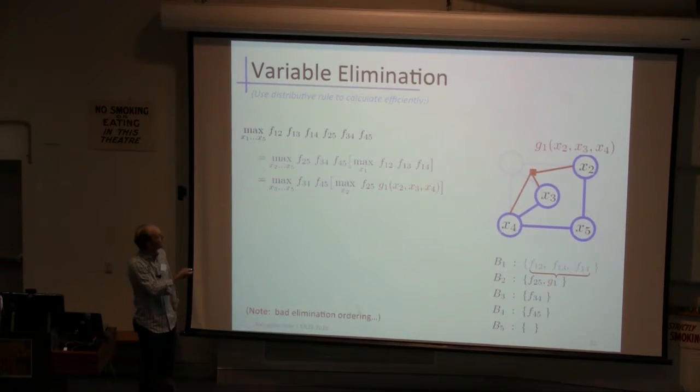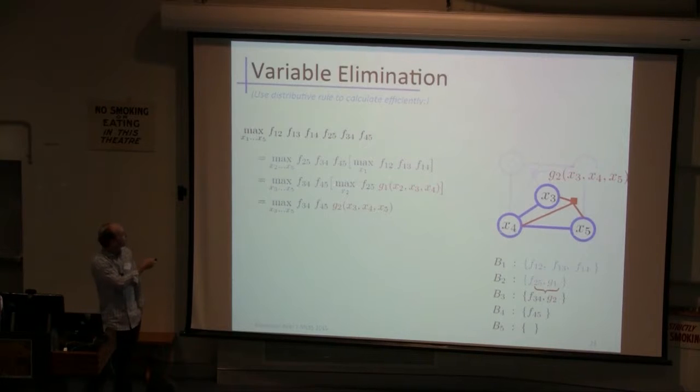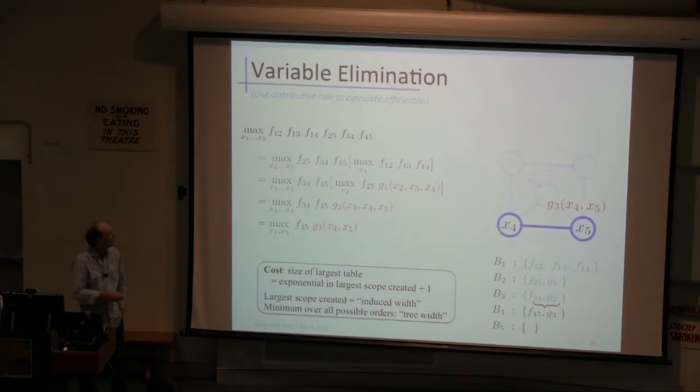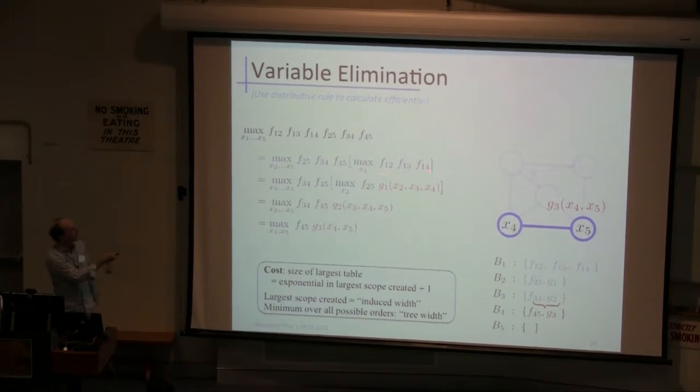But we can still proceed using this variable elimination form. We get a new function over 2, 3, and 4. We can choose another variable to eliminate, like x2, collect together all the functions, and so on. In general, the cost of doing this procedure will be the size of the largest table that we end up creating, or the size of the largest table that we created as an intermediary.